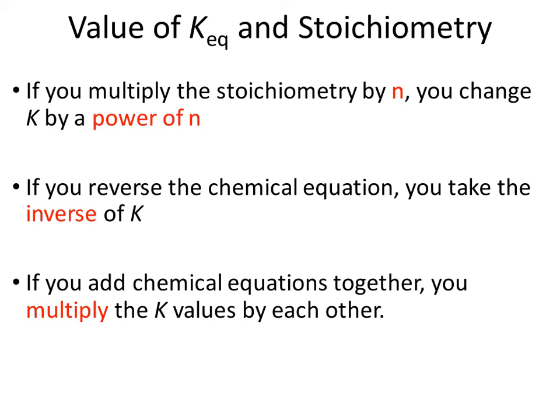So in summary here, if we have our value of K and we have to do a little bit of stoichiometry, if we multiply the stoichiometry by a value n, then we change the K value by a power of n. If you do the reverse, you also take the inverse of the K. If you decrease the stoichiometry by n, for example, divide by n, we're going to take the nth root of K. And finally, if you add the chemical equations together, we take the product of the equilibrium K values of each other.